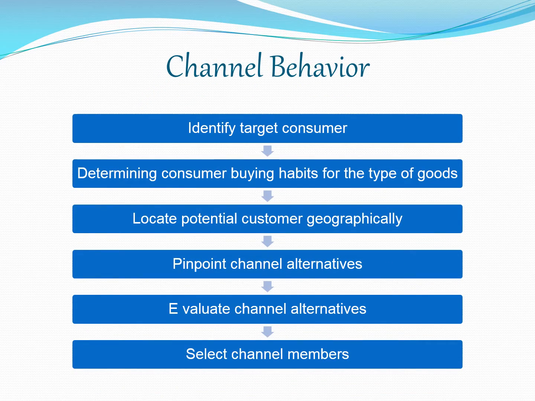Channel behavior. The important decisions taken by any manufacturer before deciding the channel type or channel design is first identifying the product or the target market upon which the most suitable level of channel is decided, whether the manufacturer wants to go for a zero level, level 1, level 2 or level 3 type of distribution channel.